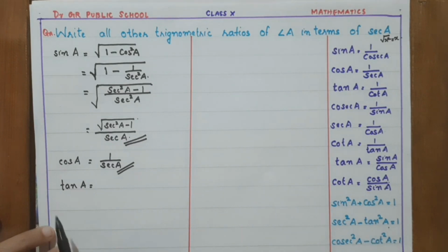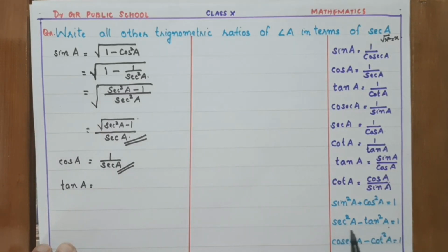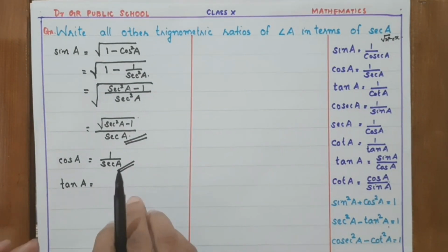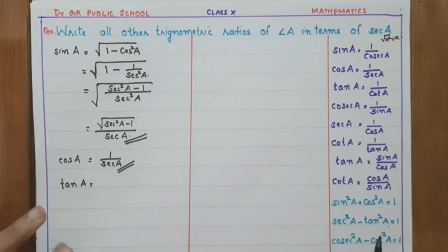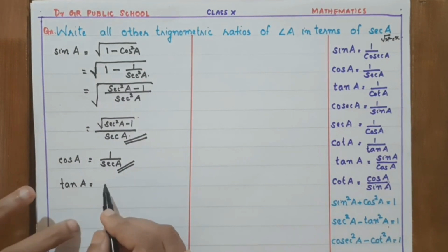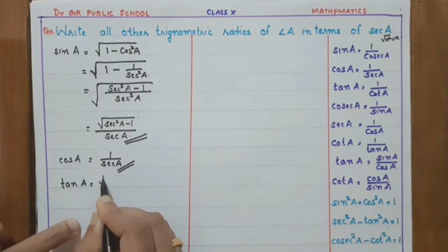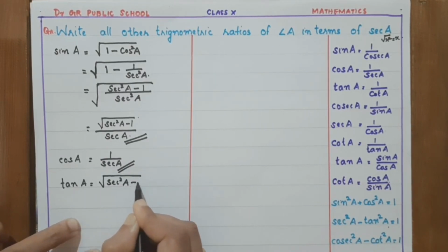So from there we can find tan A. What is tan square A? Tan square A is equal to sec square A minus 1. So what is tan A? Tan A is equal to square root of sec square A minus 1.